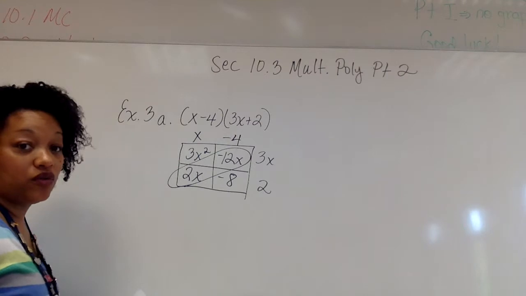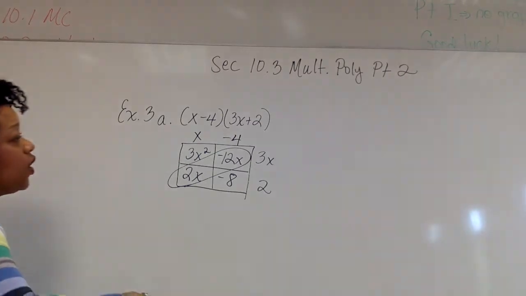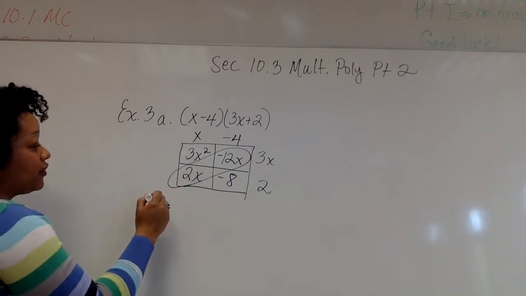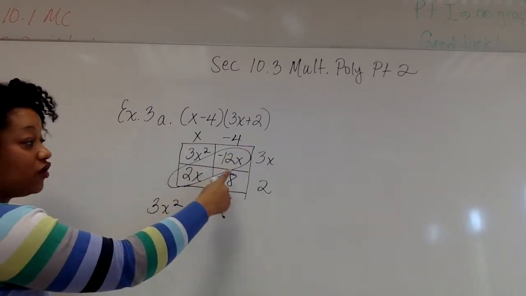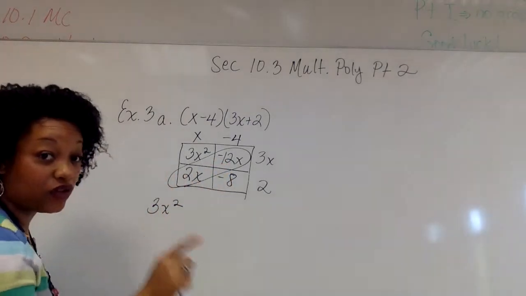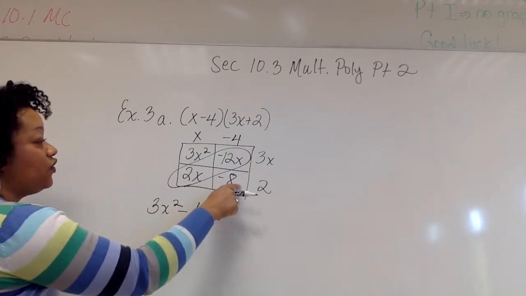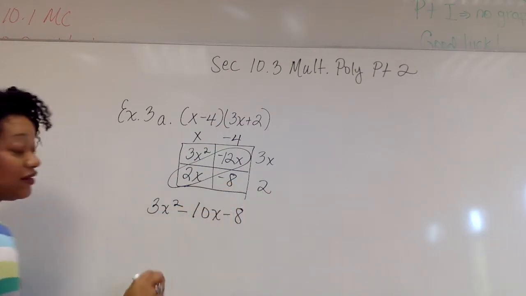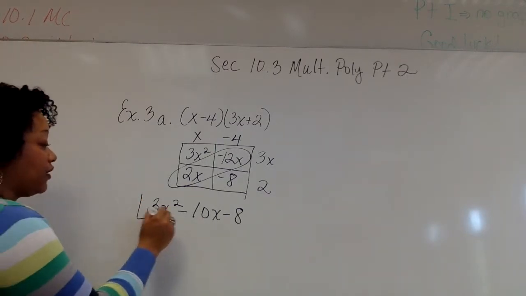So what you're going to do is we're going to get our answer where we first write the first box. So we just put 3x squared. Combine our like terms, negative 12 plus 2 is negative 10x. And then you just bring down the last box. And you've multiplied your two binomials. I can box my answer.